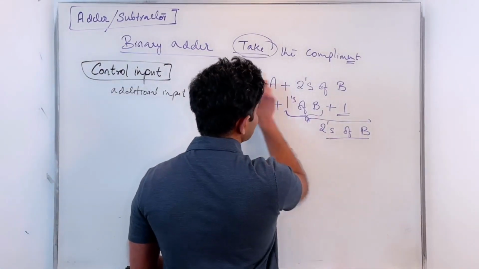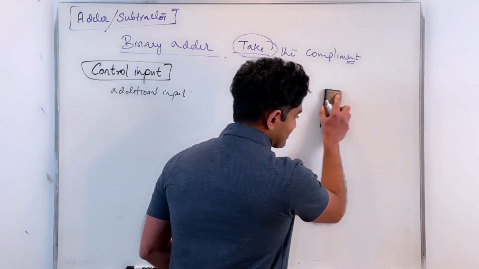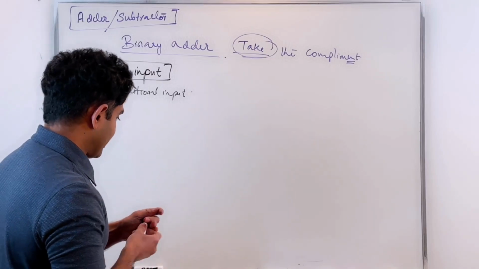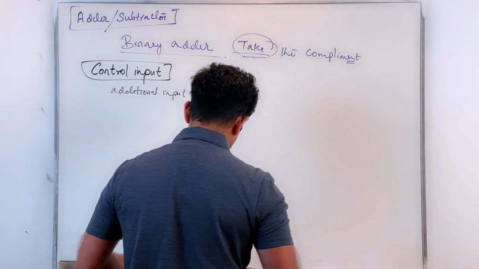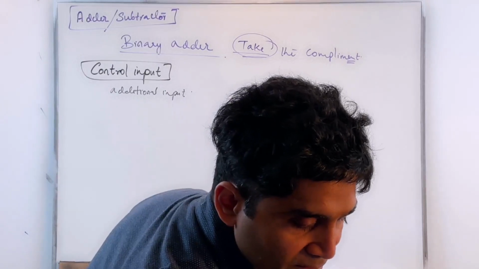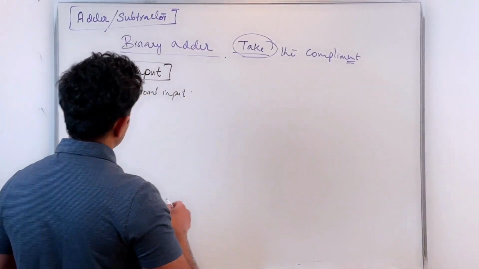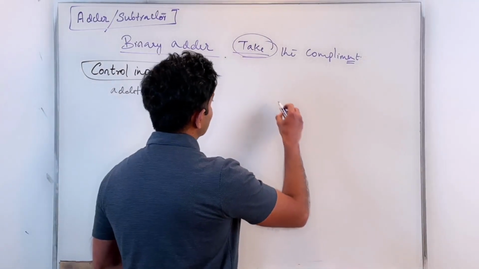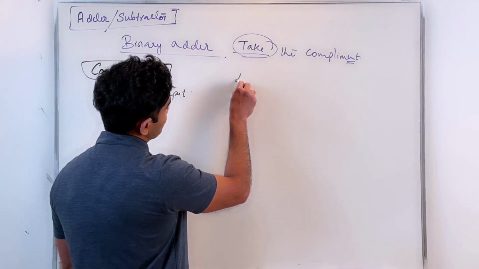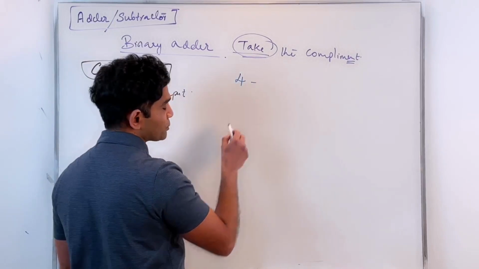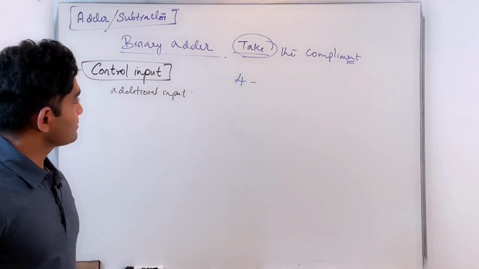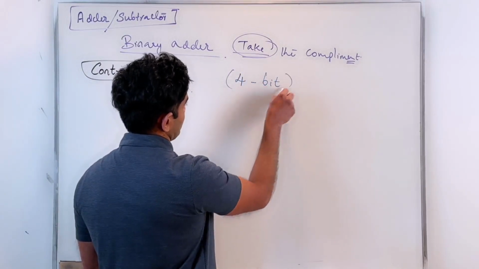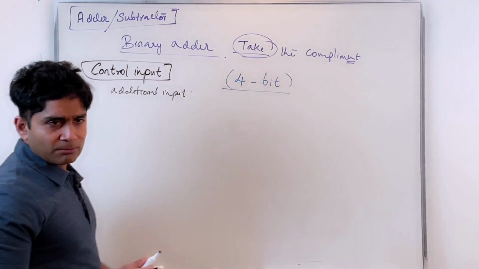So now let's actually design an adder/subtractor circuit. First, let me redraw the adder. That's not going to change. Because you can easily extrapolate the design to any bit adder, let's start with a 4-bit adder just to keep things simple for now.